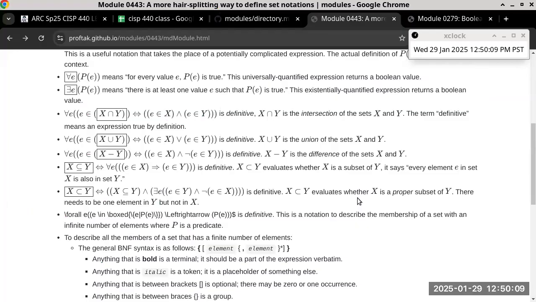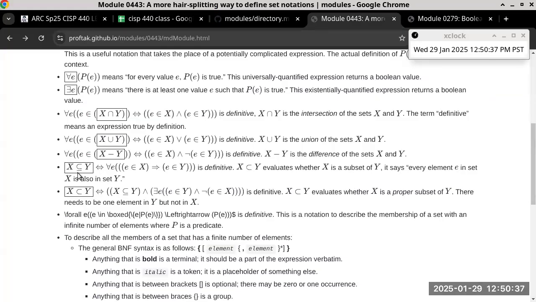So I shall preach again the importance of reading ahead of time and writing in your own notes how things are defined. This one is saying that X is a subset of. This one is saying whether X is a proper subset of. That's okay. It happens because this one has an extra word, this one has an extra line.